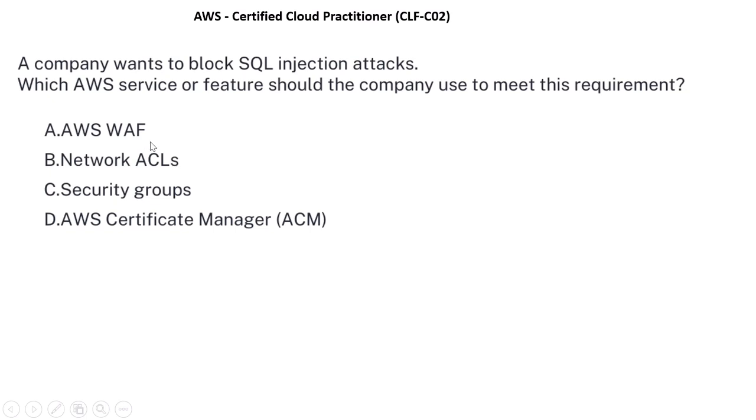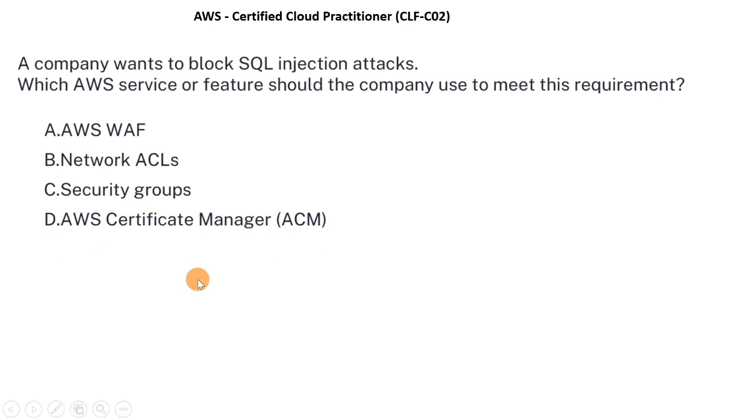Next question. A company wants to block SQL injection attacks. Which AWS service or feature should the company use to meet this requirement? Option A, AWS WAF. Option B, network ACLs. Option C, security groups. Option D, AWS Certificate Manager.